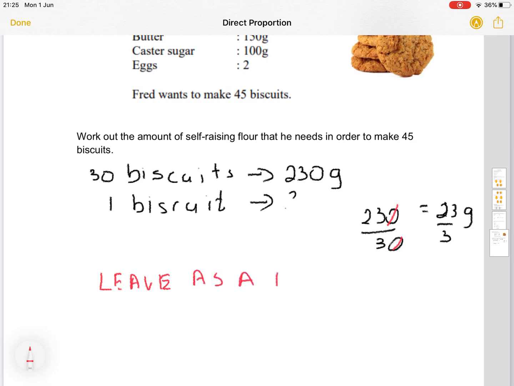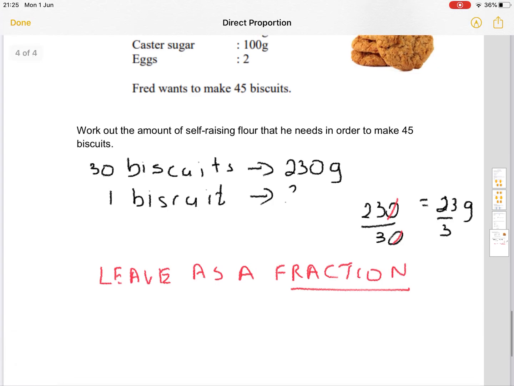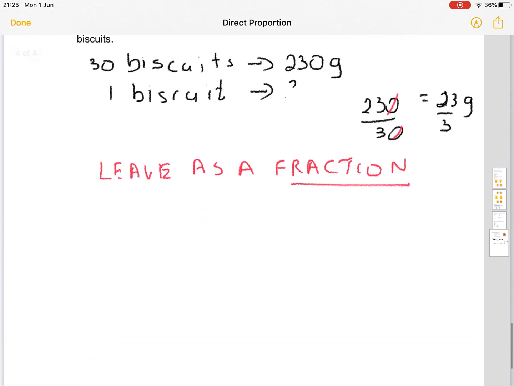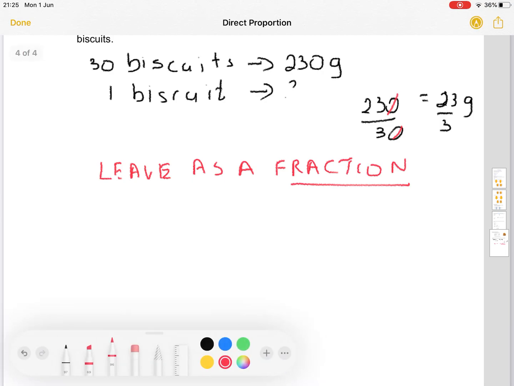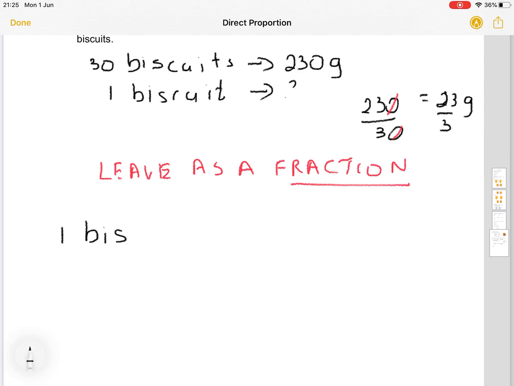Alright, leave as a fraction. When it cannot be reduced, when it cannot be cancelled, when it cannot be simplified further, leave as a fraction. Alright, now boys, I know that for one biscuit, I need 23 on 3 grams of self-raising flour.